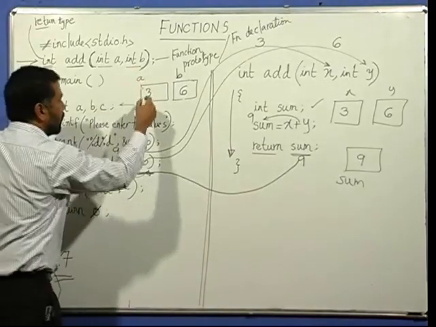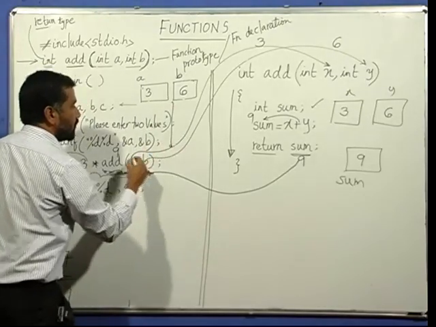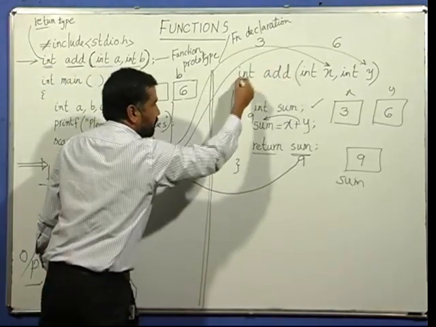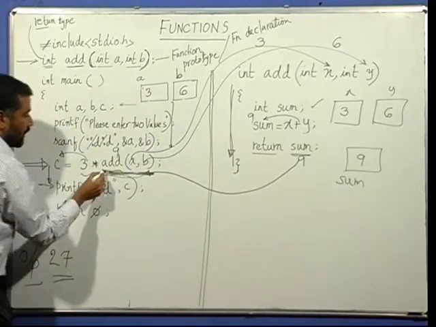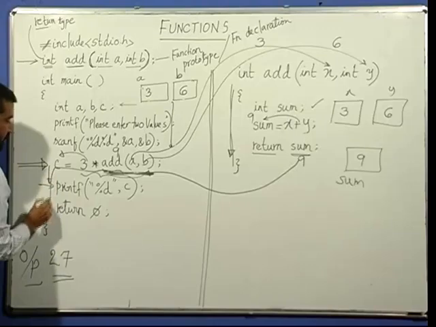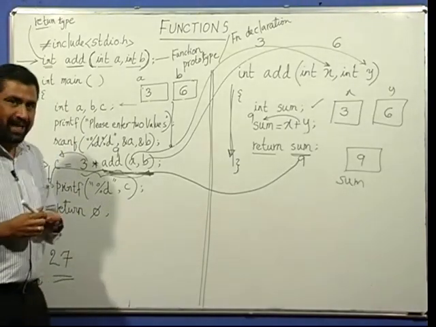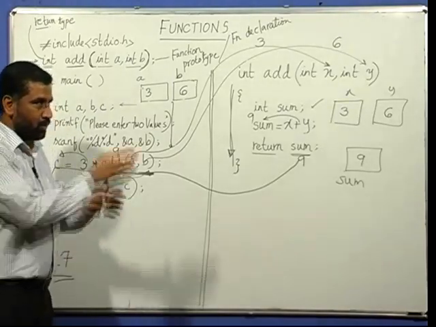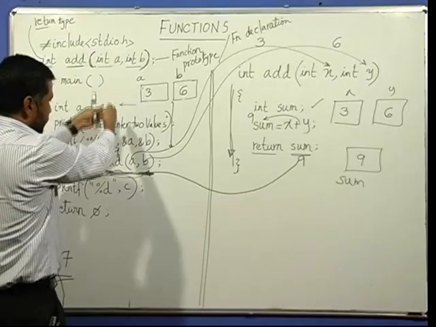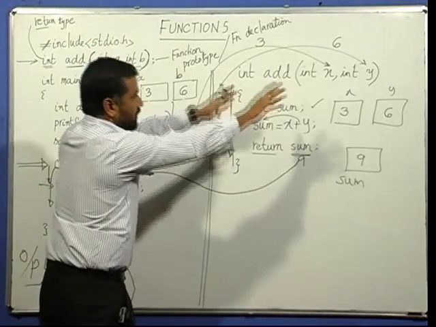So the control starts in the main function, comes up to this function call, goes to the function, finishes the function, comes back to the function call again, and then this expression is finished, and then it goes back. So you can see that when a function call is made, what we call a jump of control takes place. When a function call is made, the control jumps there.